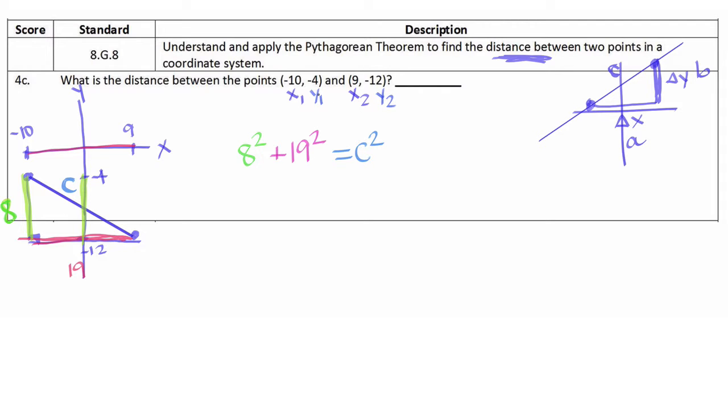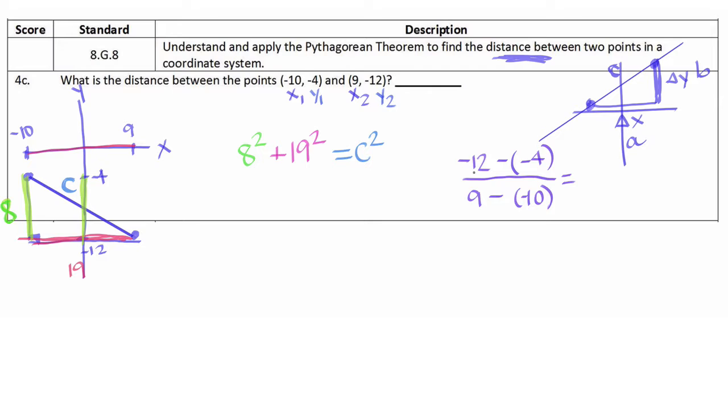So let's say you wanted to actually use the formula that you've been working on in class. So we've got change in y would be y2, take away y1, that would find this y distance here, over x2, which is 9, take away x1, which is -10.